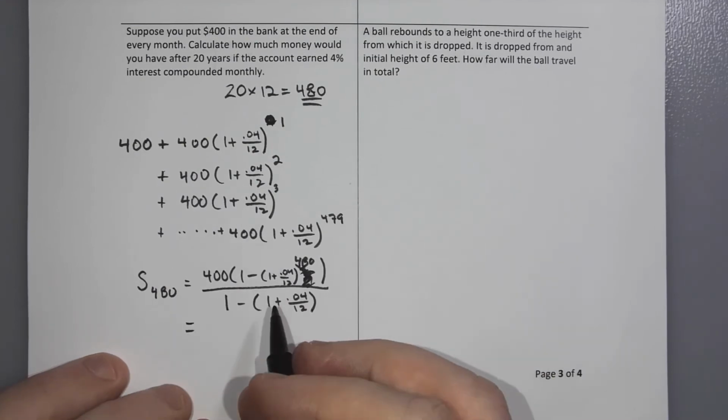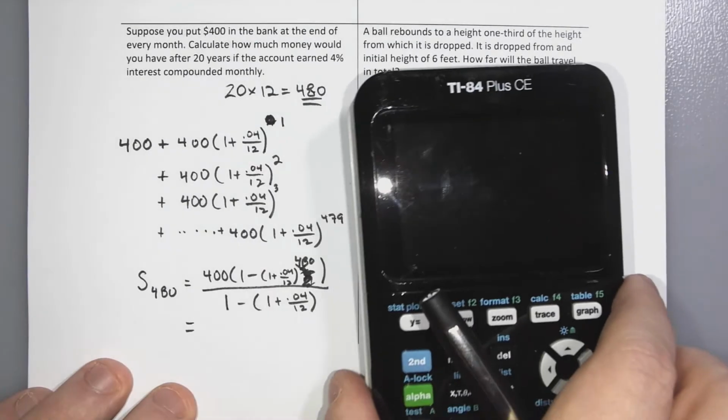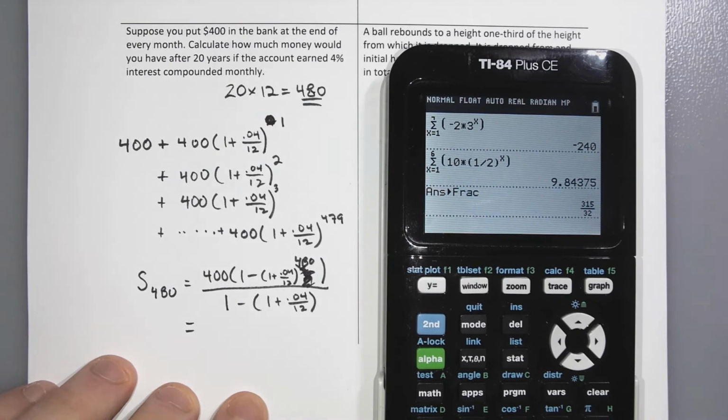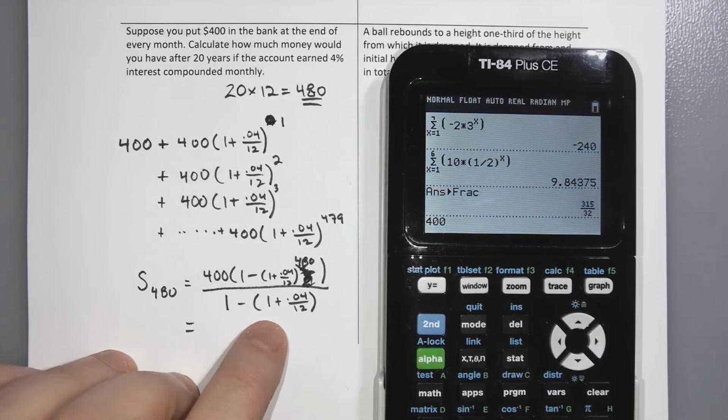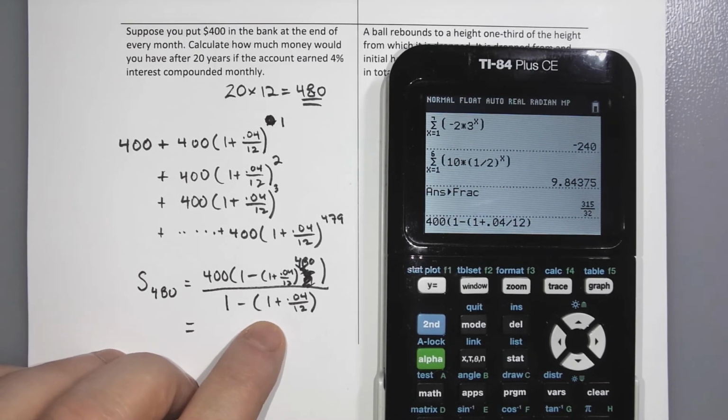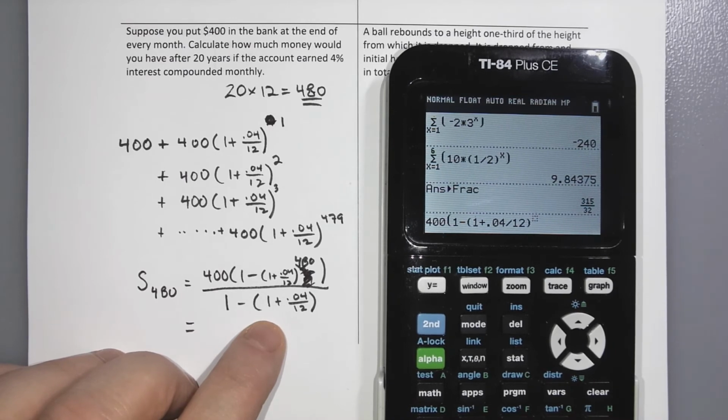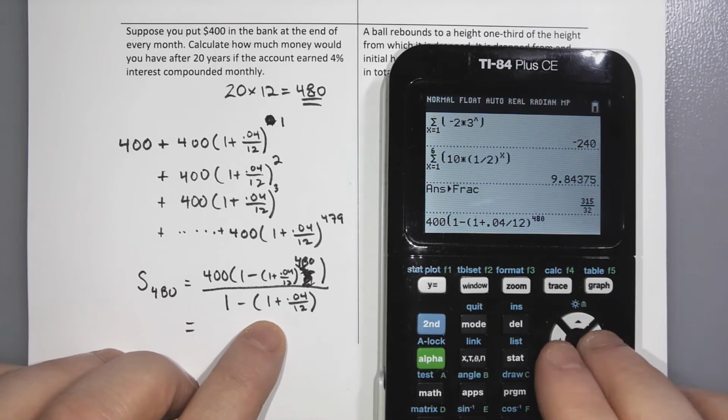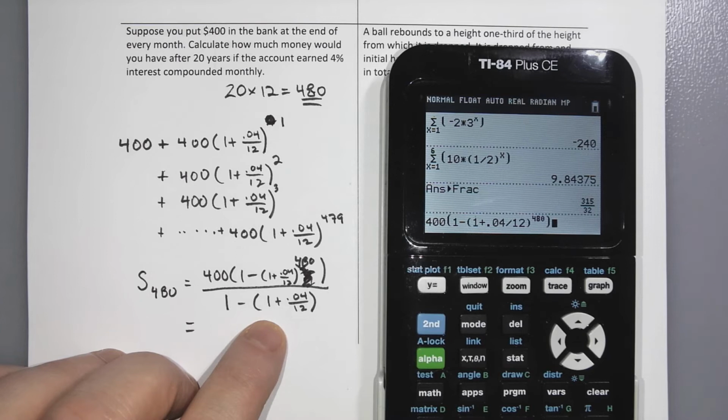So this is definitely going to be a calculator problem. 400 times 1 minus 1 plus 0.04 divided by 12, raised to the power of 480, placed over 1 minus 1 plus 0.04 over 12.